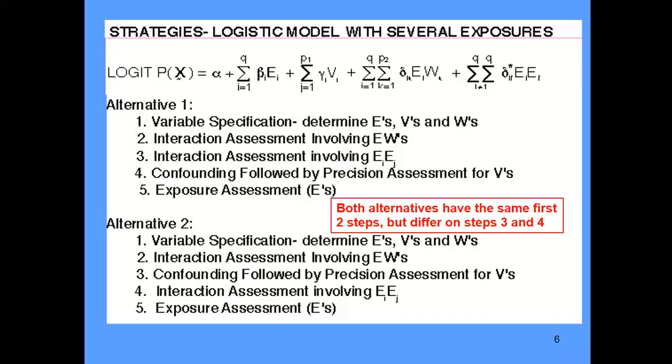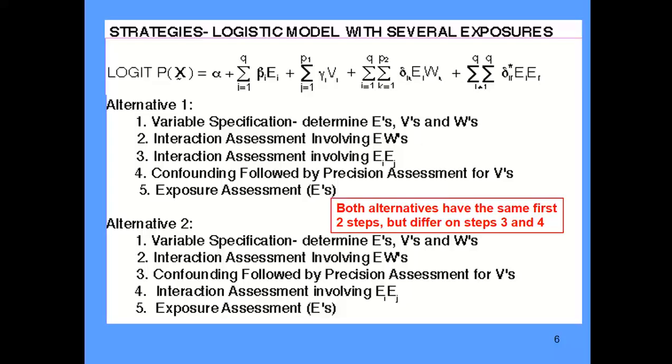There are a number of different ways to do it. All I can possibly do is give what I think are reasonable guidelines based on thinking about it for quite a while. They're guidelines, not rules, and I've given you 2 basic alternatives to approach this problem. Both alternatives start the same way: with variable specification, followed by assessing interaction about the relationship between exposures and the variables you're controlling for.